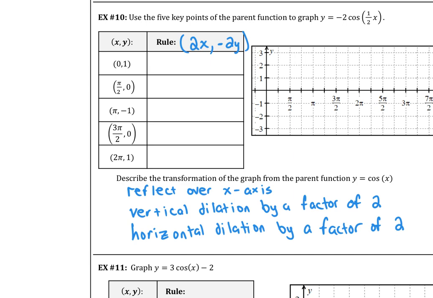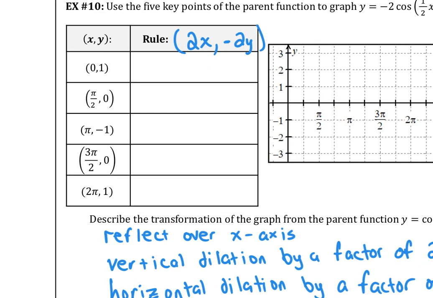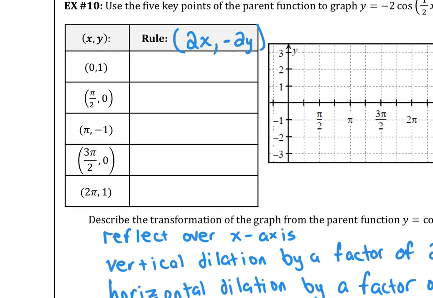If we start again with 0, 1, and notice we're starting with the same 5 points every time. Now what's going to happen is 2 times 0 is going to be 0. Negative 2 times 1 is negative 2. So instead of starting up here and above the x-axis, we're actually going to start down here at 0, negative 2.